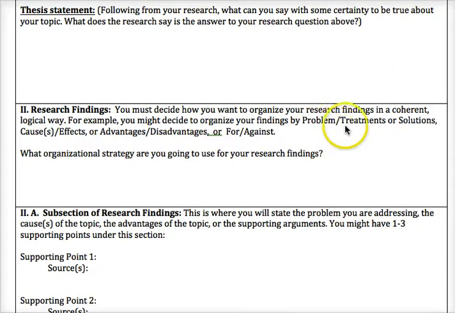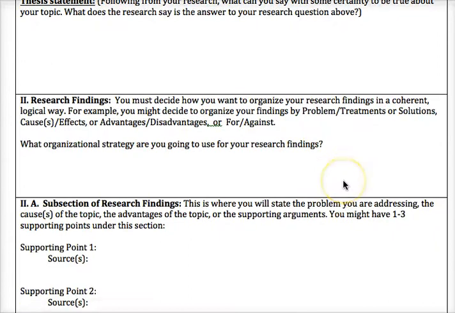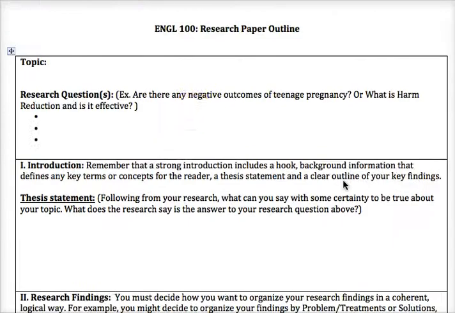So basically, yeah, you can plug in your topic under one of these organizational strategies, and it will help frame or show a connection between all of your research findings. For teenage pregnancy, this one is asking, are there any negative outcomes?